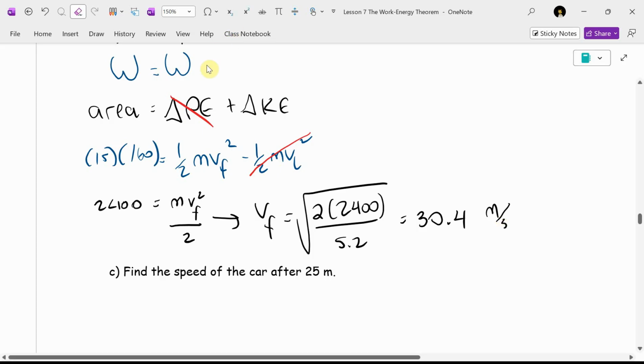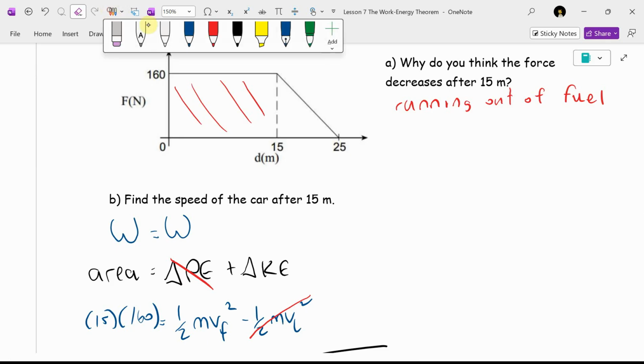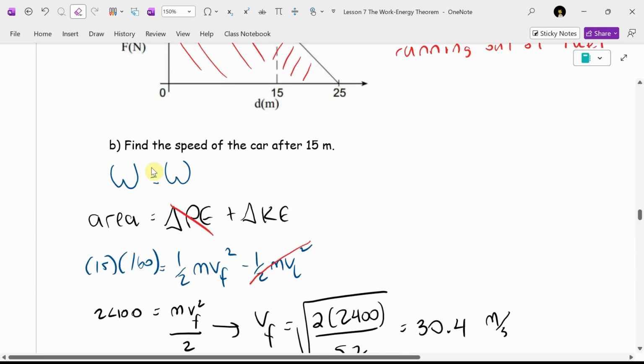C says, find the speed of the car after 25 meters. Okay. It's going to be the same thing, except after 25 meters, I need to include this area as well. In fact, for C, I would start out work equals work.